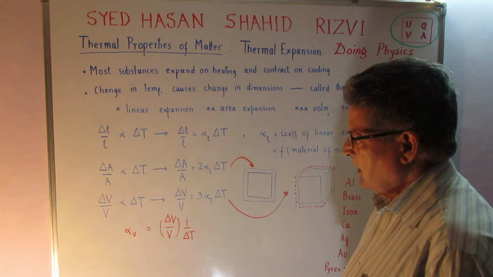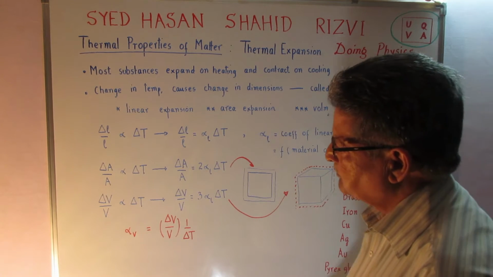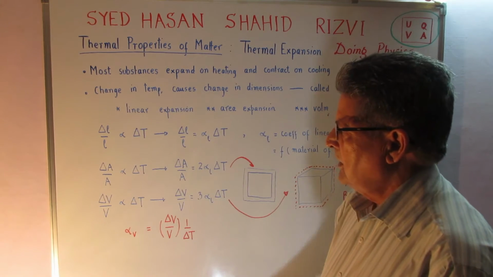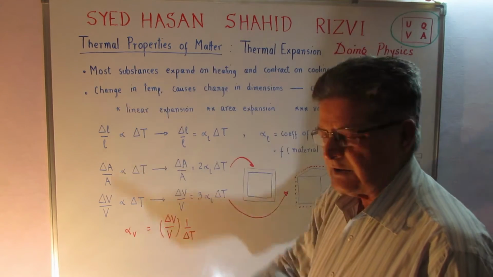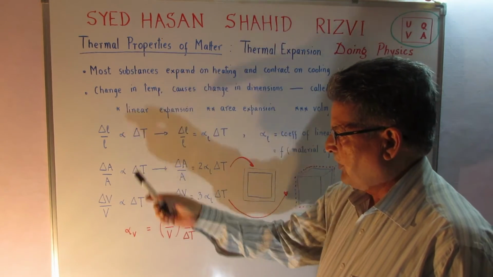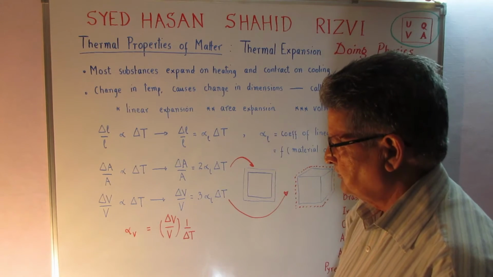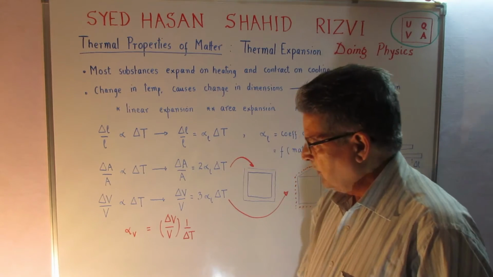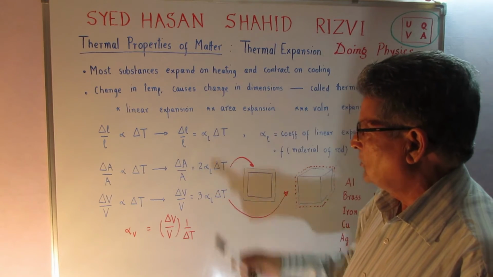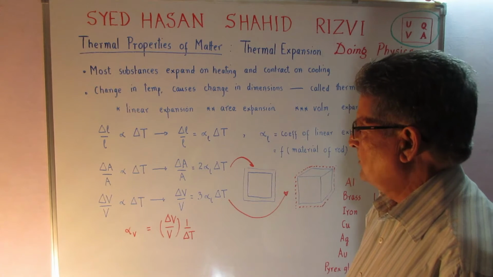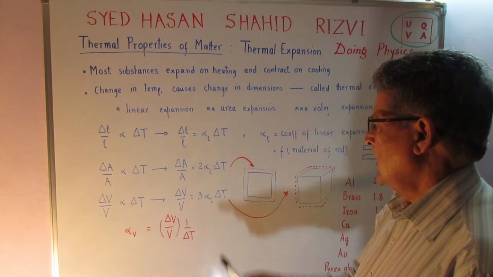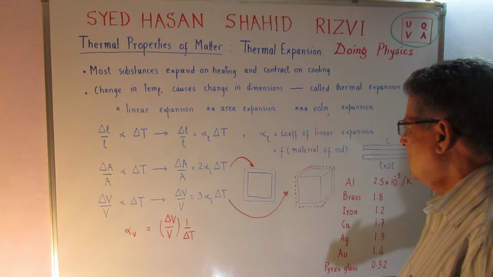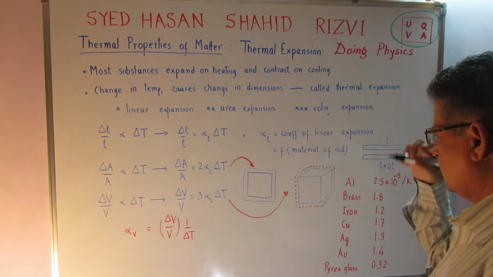Now, if delta T is the change in temperature, then the change delta L in the length in the case of linear expansion divided by L, that is the fractional change, is proportional to delta T, which means delta L upon L is equal to a constant times delta T, and this constant alpha L is called the coefficient of linear expansion.